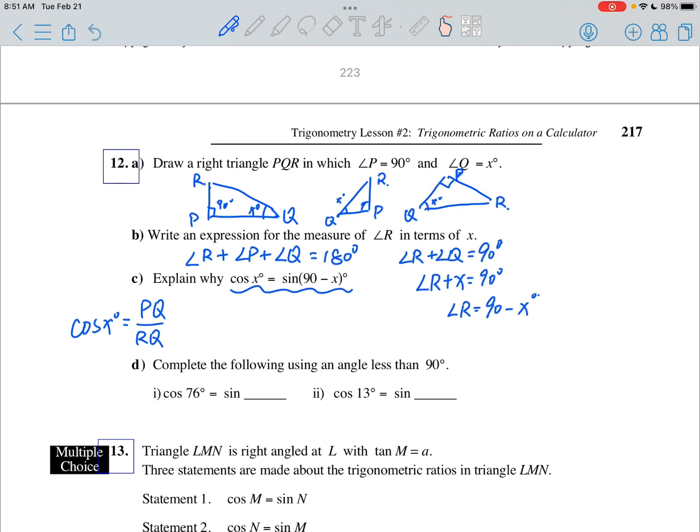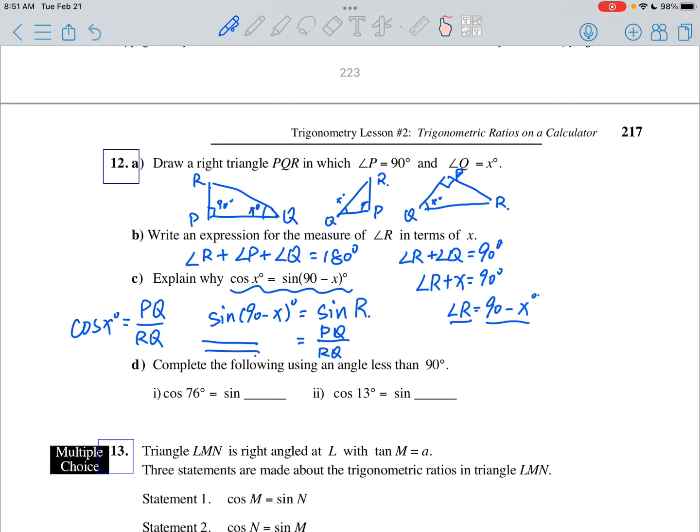And we just found that sine of 90 degrees minus X equals sine R, because angle R equals 90 degrees minus X. And sine R equals the opposite over hypotenuse, PQ divided by RQ. So these two are the same.